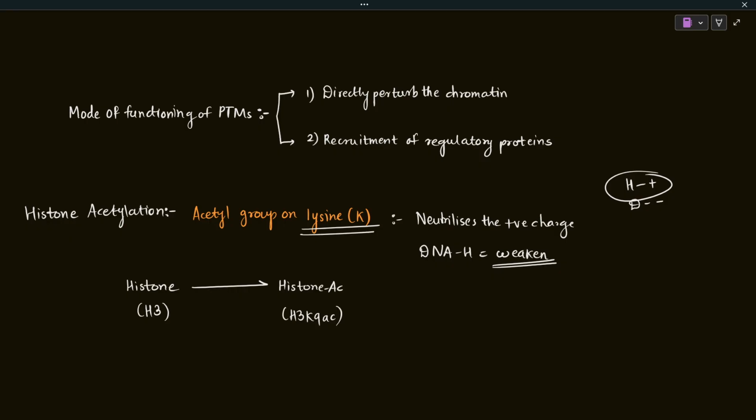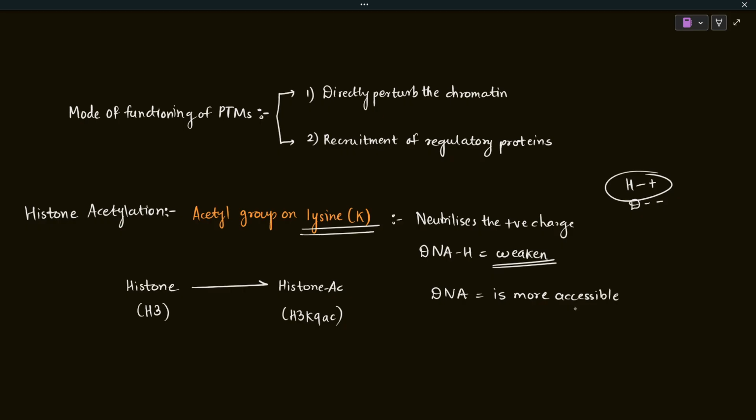On the histones, the DNA is wrapped up and tightly packed. But now the DNA-histone interaction is weakened. So now the DNA, which is like a thread wrapped around the beads, which are histones, will loosen up. That loosening will make the DNA more accessible.